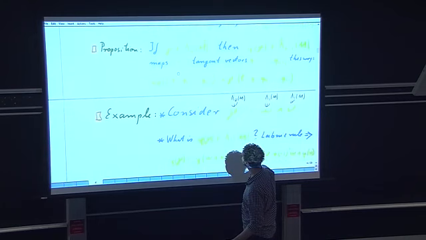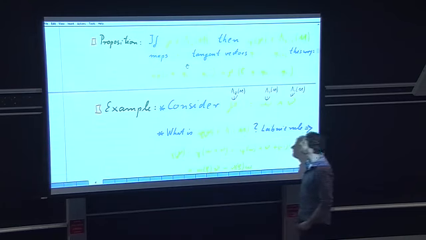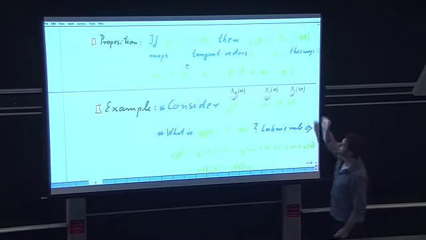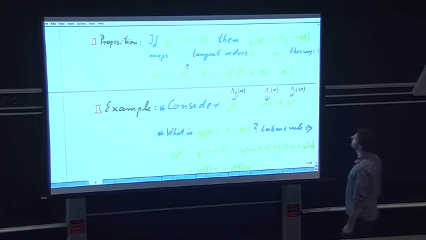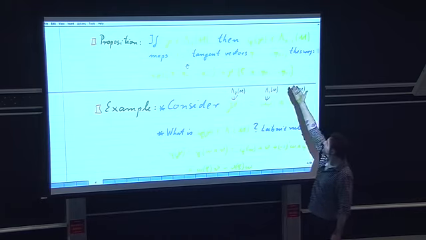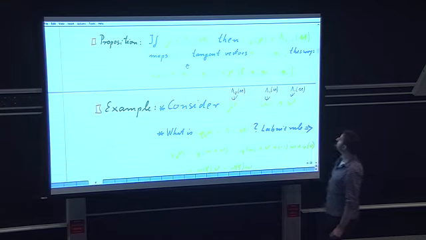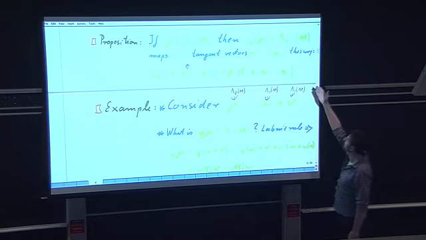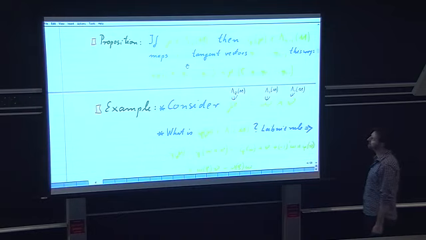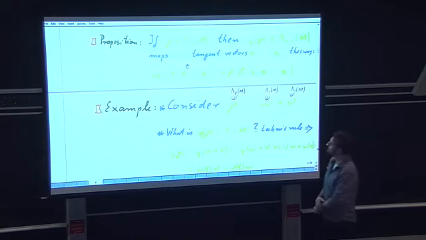Here's a proposition about what exactly that entails. If gamma is an S form, then the inner derivation of gamma has to be an S-1 form. And the action is actually quite simple.